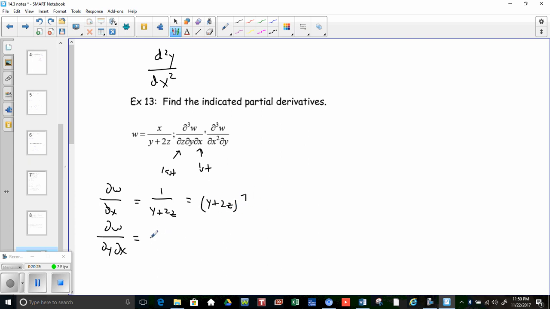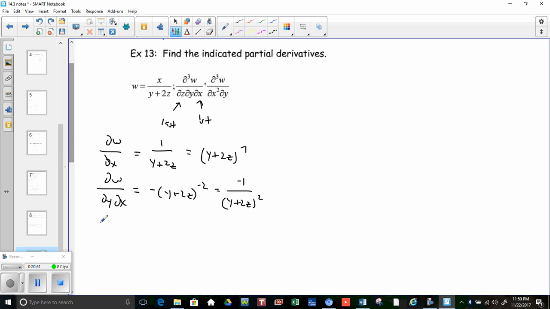So we'll bring the negative out front, reduce the power by 1, and then the derivative of the inside of here with respect to y is just 1. So this is going to give us negative 1 over y plus 2z squared. And then the last thing we need to do is the partial. Oops, that should be a second partial.